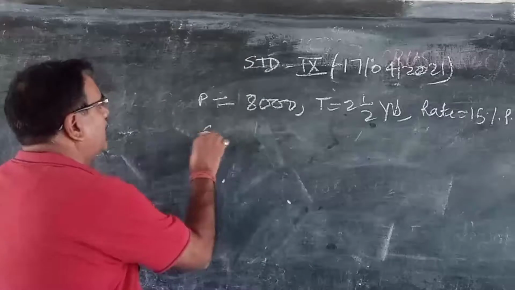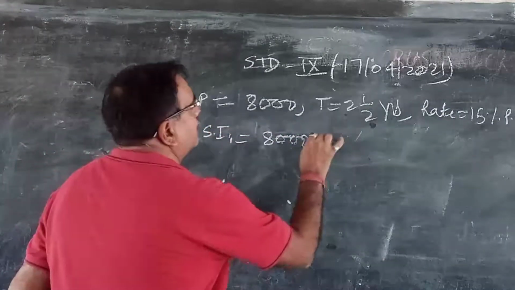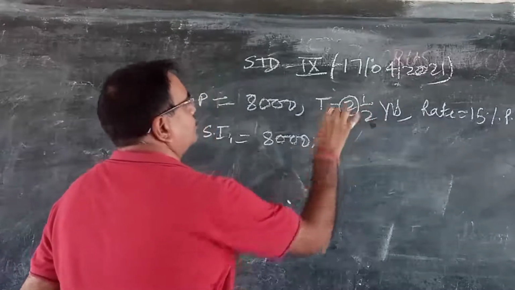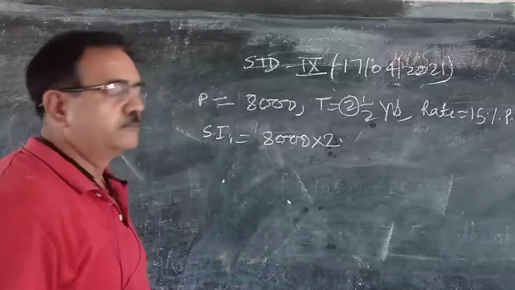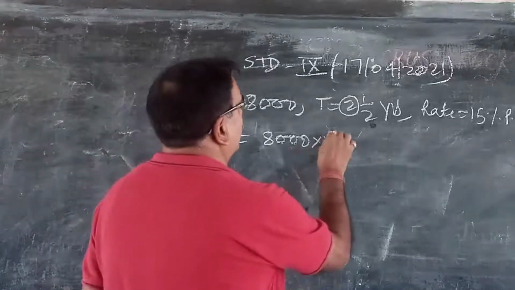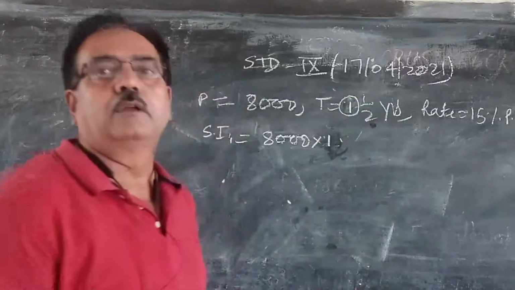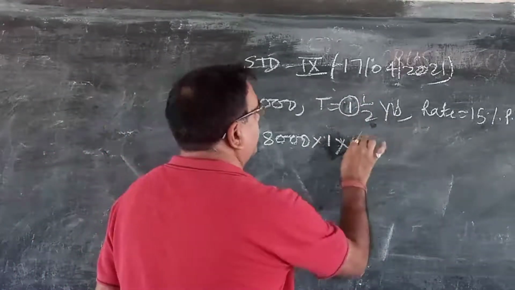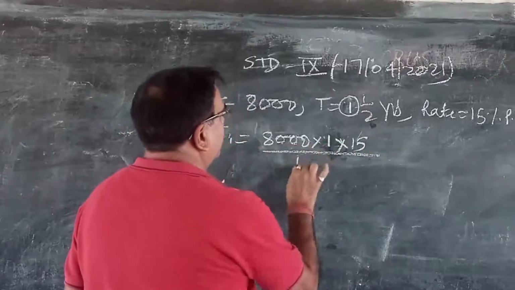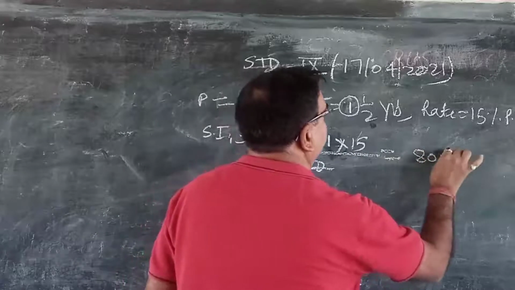So SI1: 8,000 into, for the complete 2 years, time 2, rate 15 by 100, cancel.